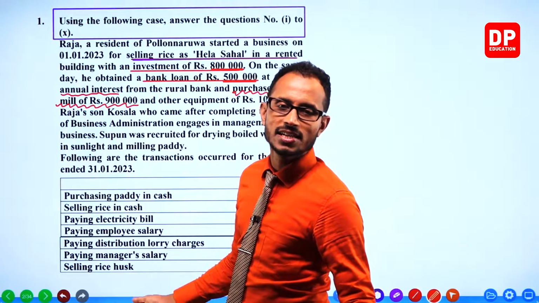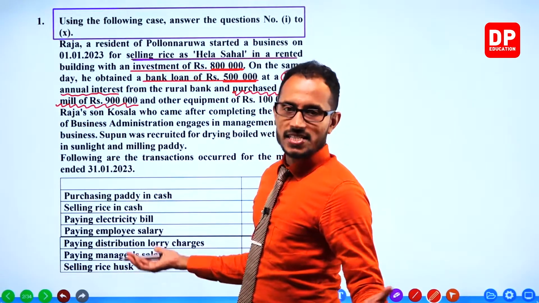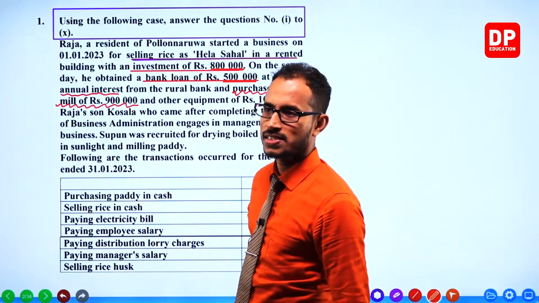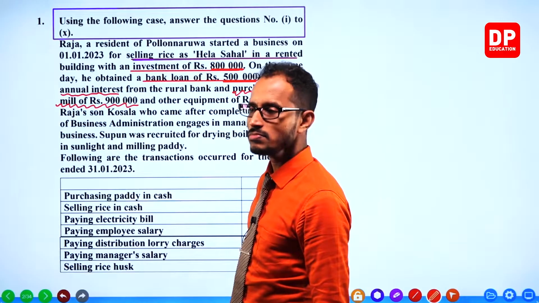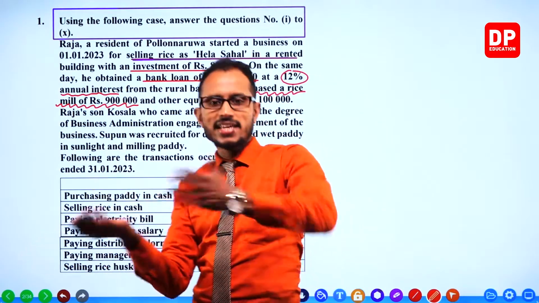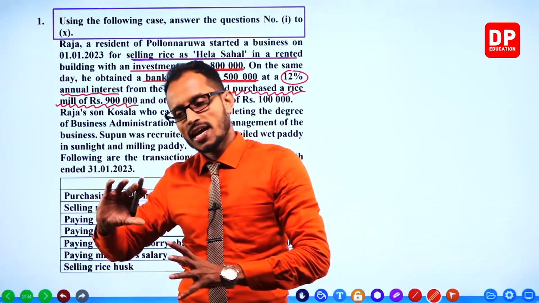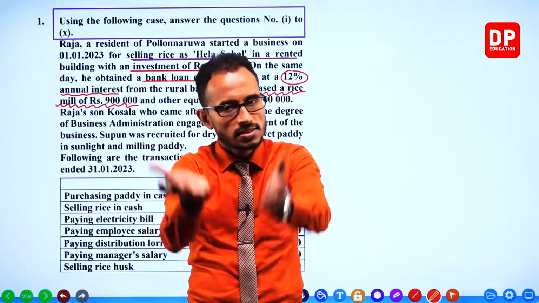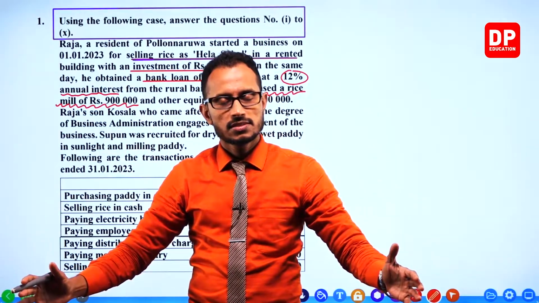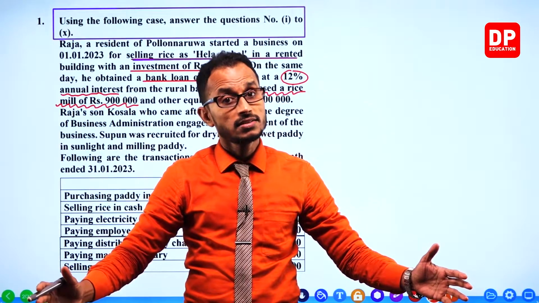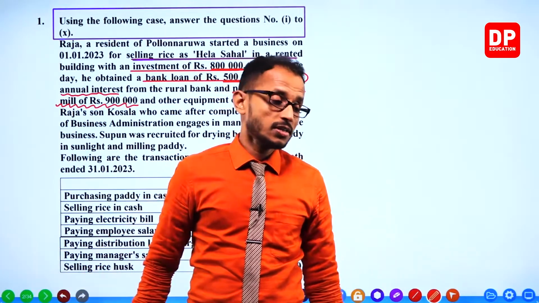A rice mill is where you get the paddy, and you turn the paddy into rice. In the mill only you do that.